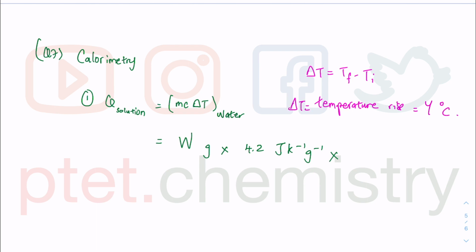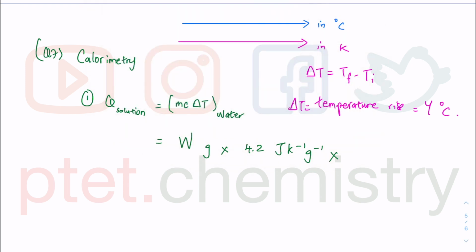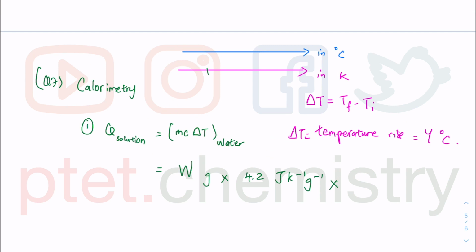But as you know, when you have a temperature scale in degrees Celsius and also in Kelvin, I should really use a different color so that I could see the difference. If I have 0 degrees Celsius, then I have 273 Kelvin. If I have 25 degrees Celsius, I have 273 plus 25, which is 298 Kelvin. So hopefully you can see that when you have a difference, the delta T in Kelvin is exactly the same as delta T in degrees Celsius.